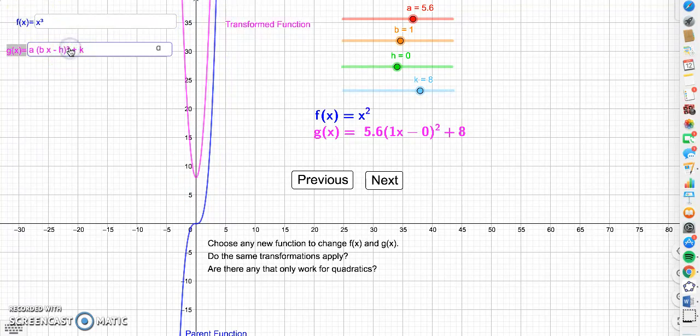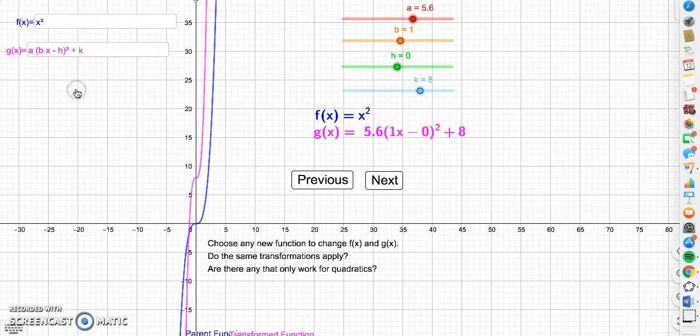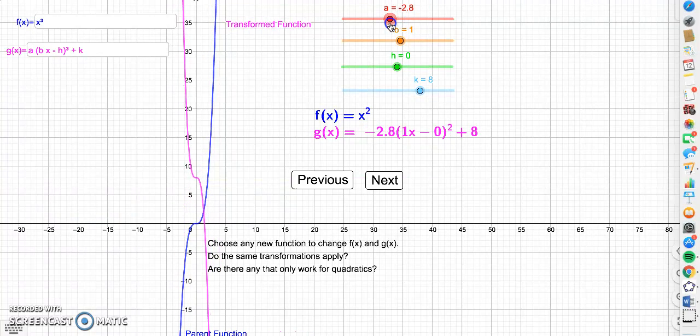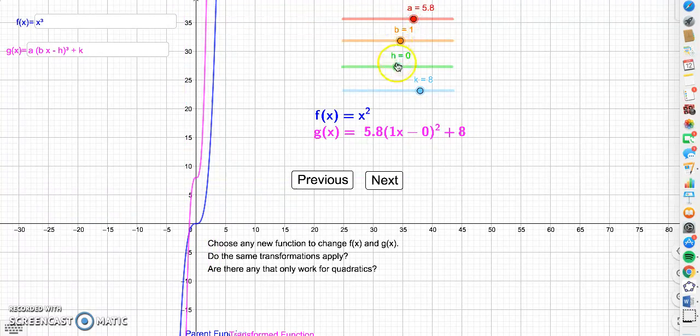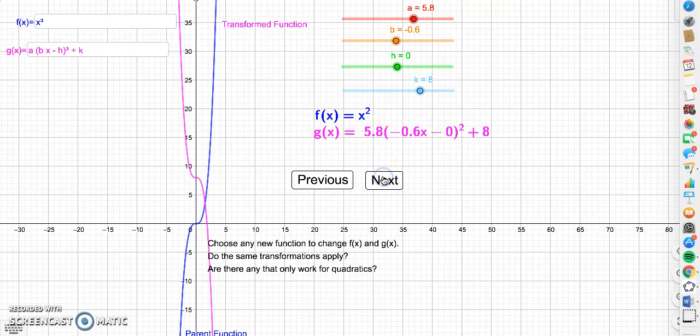They'll change the following two equations, g of x and f of x, to be cubic or whatever function they pick, and then they get to play with the sliders and see if the same rules apply to the cubics, which they should see that all of them work for any function that they pick. And that's it.